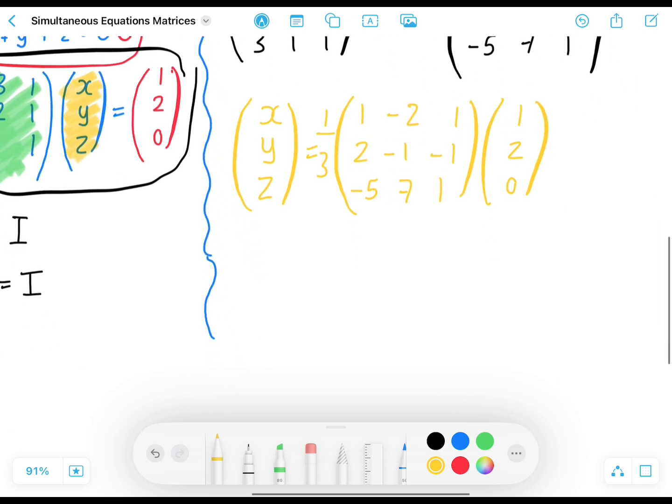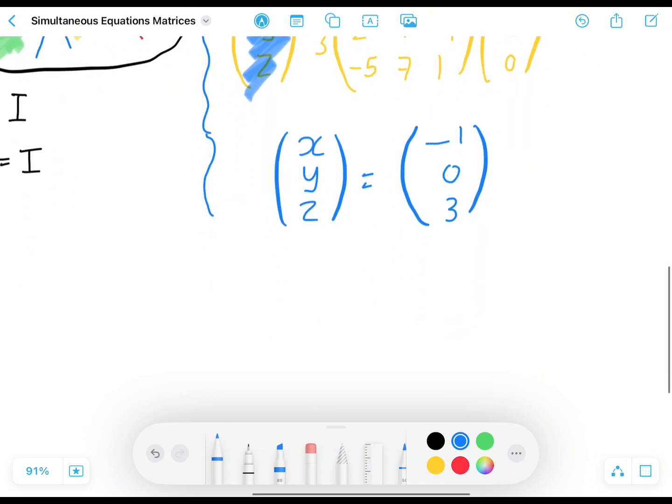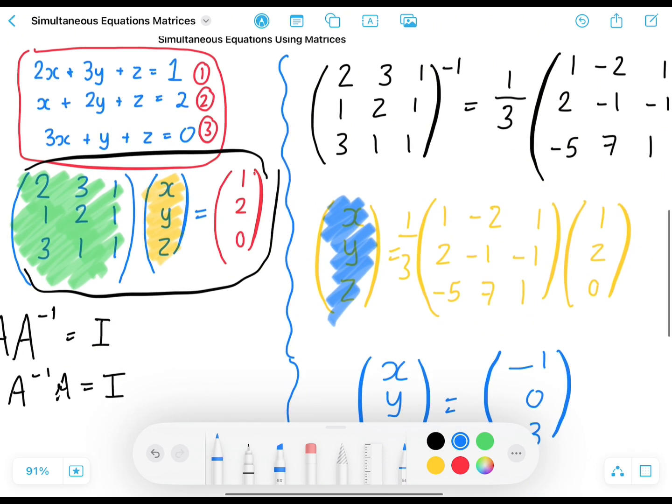And then we can multiply those 2 matrices together to get our matrix x, y, z. And in this case we find x, y, z is in fact -1, 0, 3. So those are our values for x, y, and z. And we've solved that using matrices.